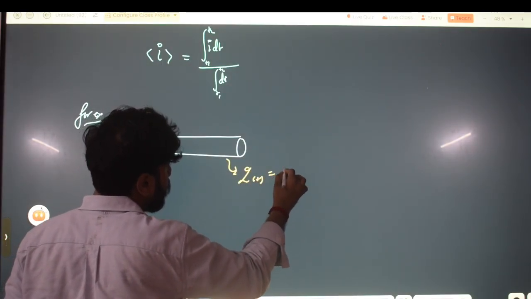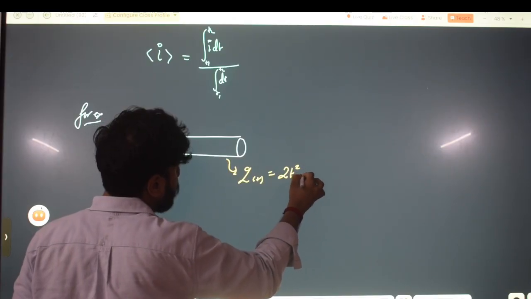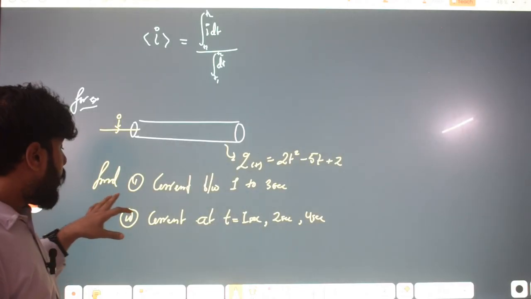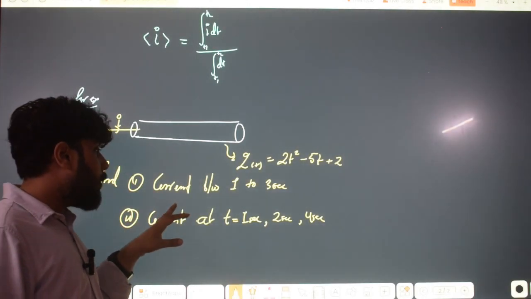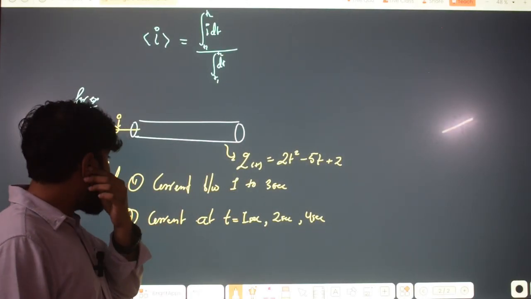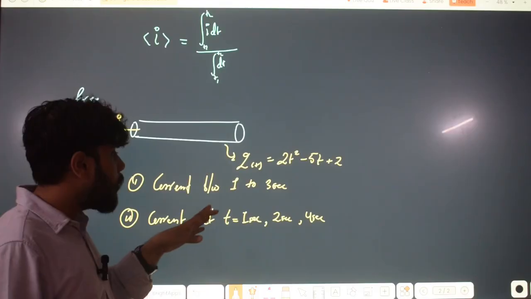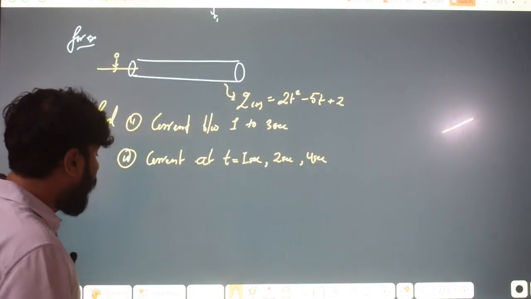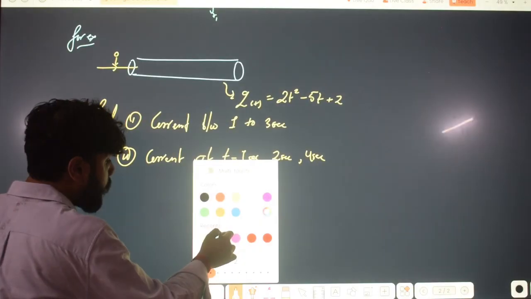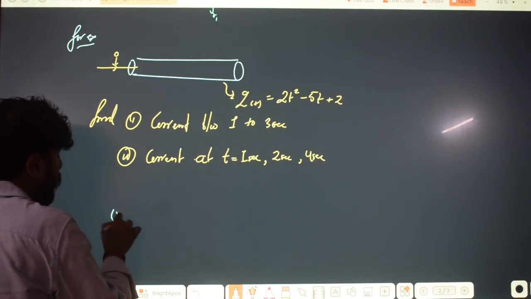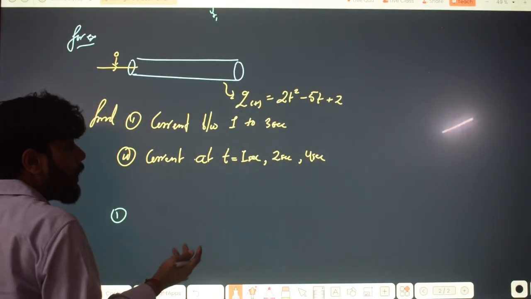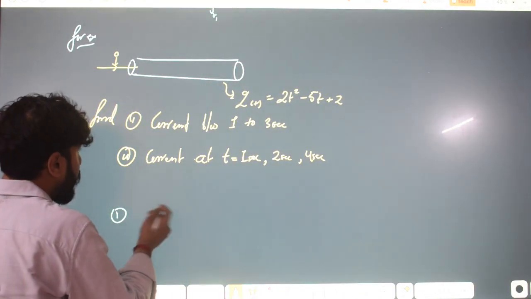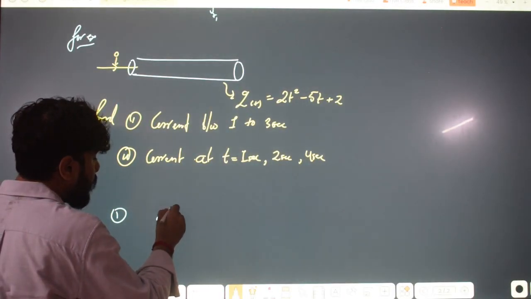In the first case you have to find current between 2 points, and whenever you have to find anything between 2 points, that means they are simply asking you to find average. So that is your first clue to tell whether they are asking for average or instantaneous. If they are asking you to find it between 2 points or 2 times, that means it is average. So the first question is simply asking you to find average current.